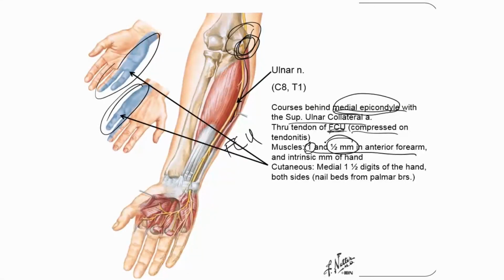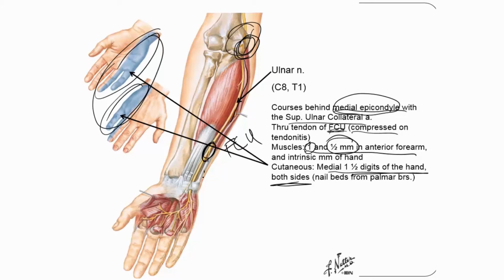Cutaneous distribution, the medial 1.5 digits of the hand on both sides, as seen again in this view. Palmar side and dorsal side. And the branch that gets the dorsal side is seen right here coming off of the ulnar nerve.